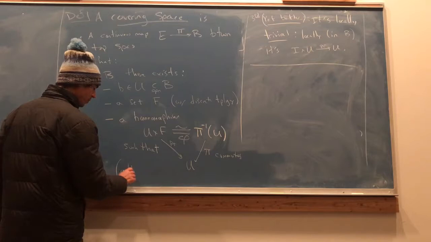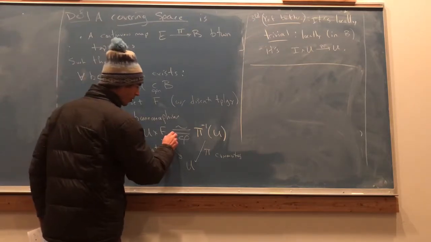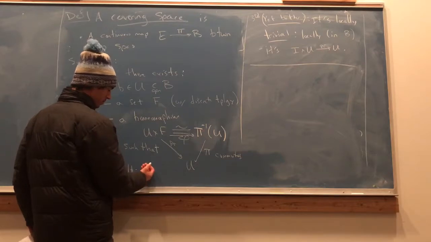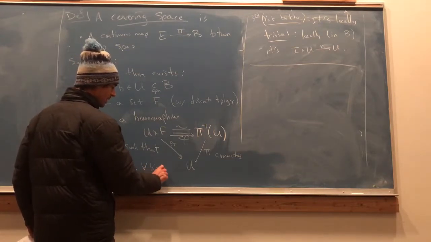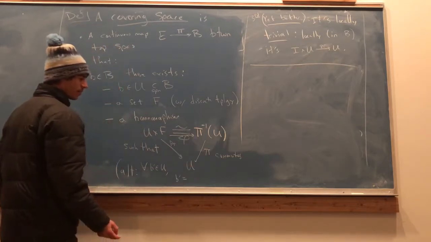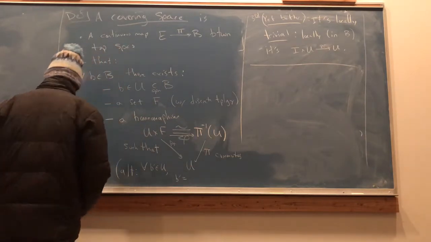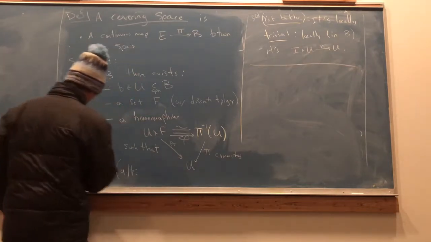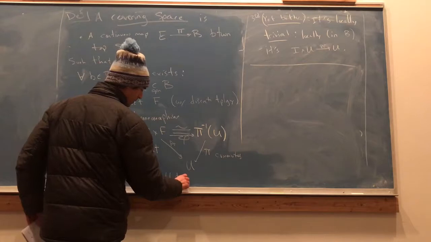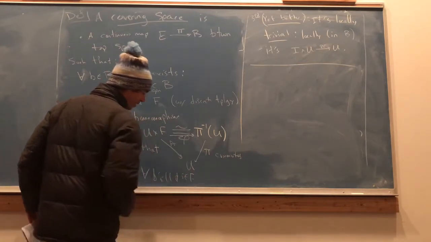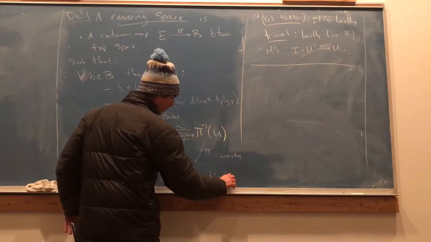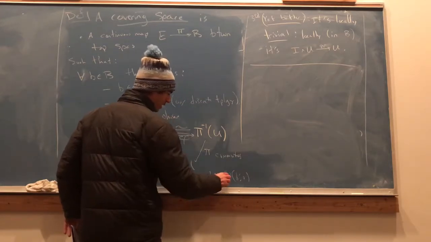Alternatively, if you'd rather not think in terms of diagrams, if the homeomorphism goes this way, it's saying that for all b prime in U and little i inside of F, b prime is equal to phi applied to b prime, i, and then projected.